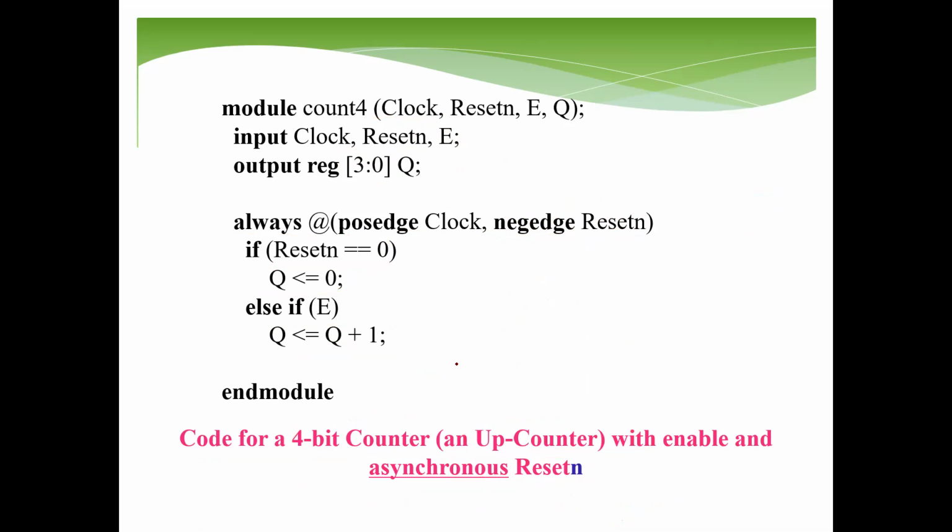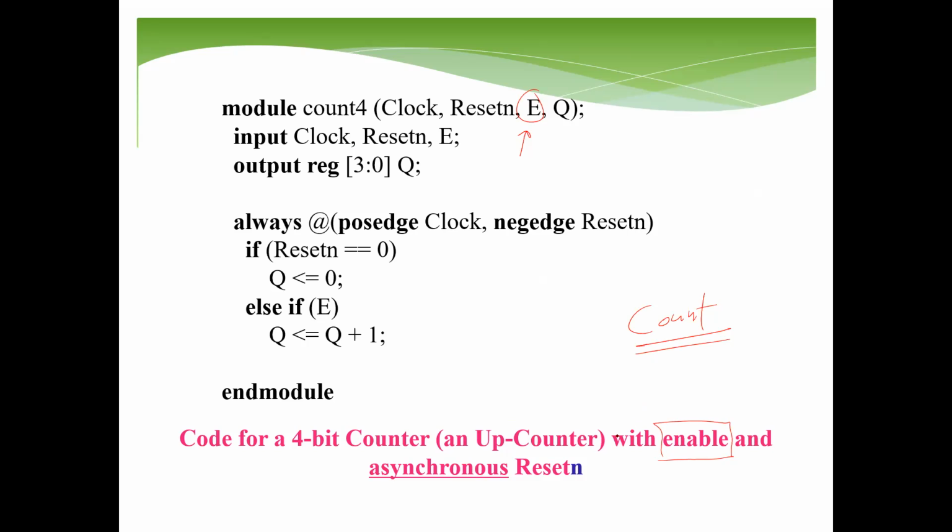Doctor, shouldn't the enable be the first thing in the if? No. According to these slides, this enable, it seems to me, I don't like to name it enable. What they mean by enable here is count. We did that before.